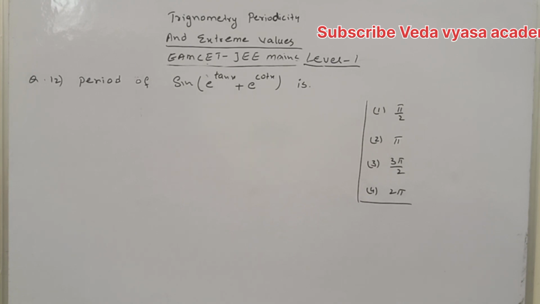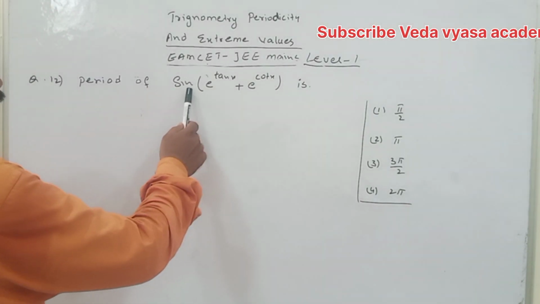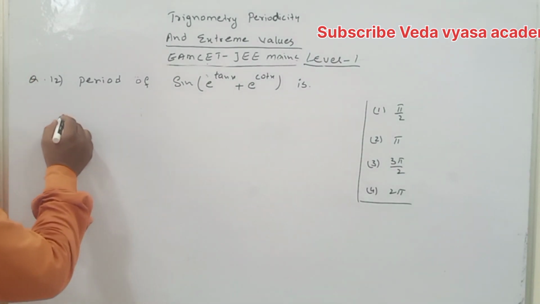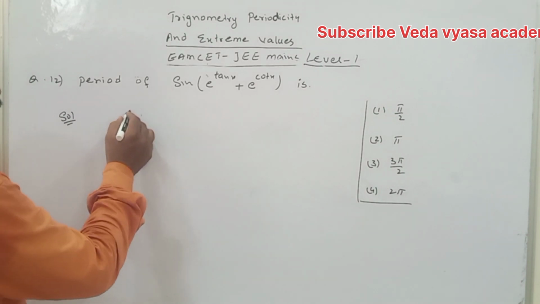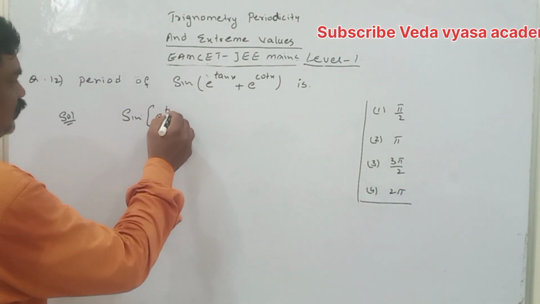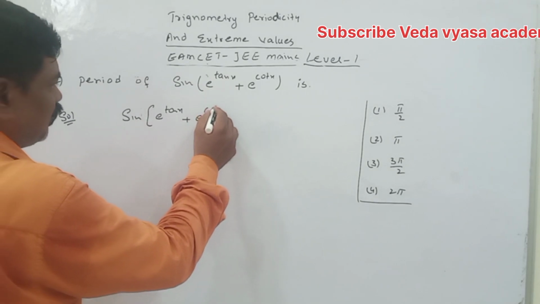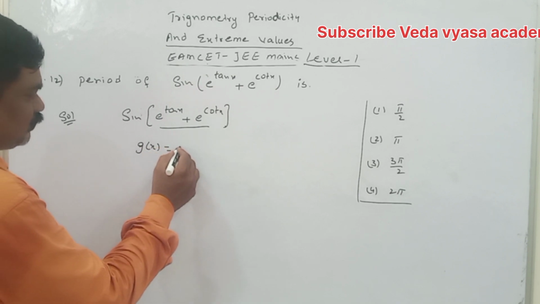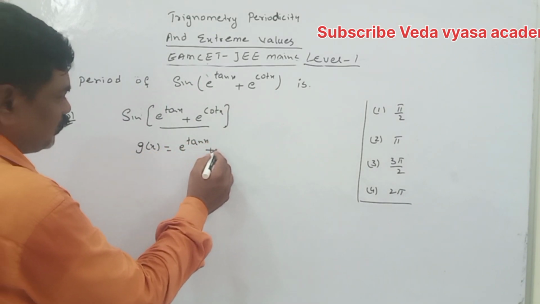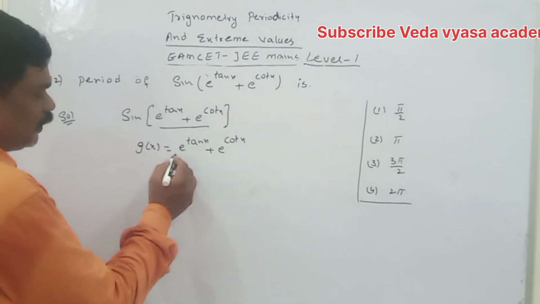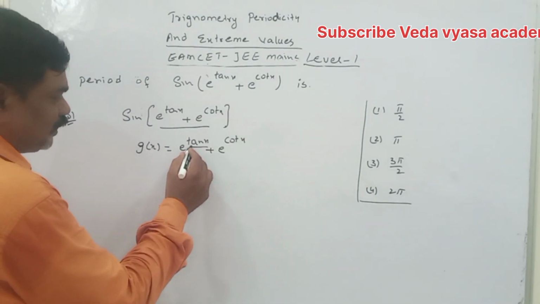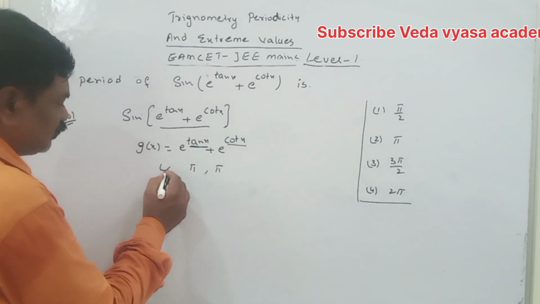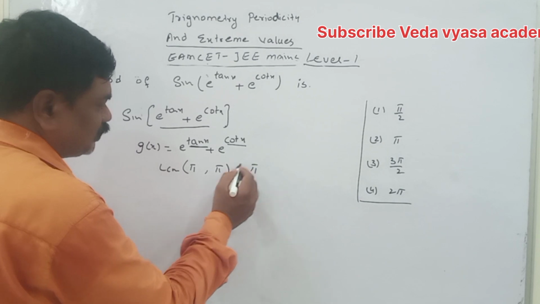Dear viewers, we have the problem: period of sine of e power tan x plus e power cot x. You observe here, you take g of x is equal to e power tan x plus e power cot x. Tan x has period pi, cot x has period pi. So the LCM of pi comma pi is pi.